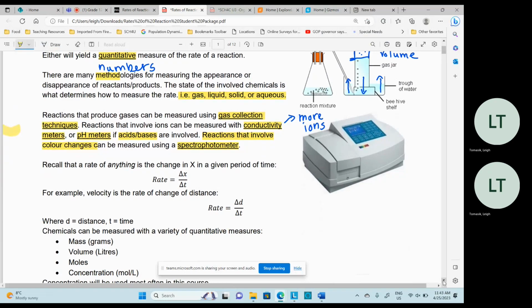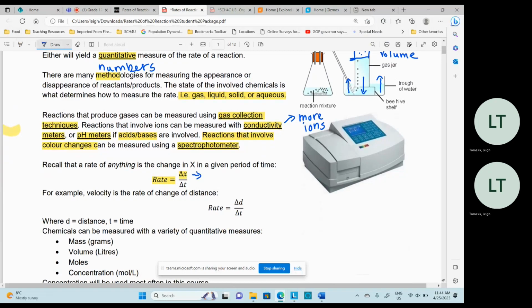So how do we measure rate? Recall that a rate of something is anything that changes over a period of time. When we talk about the rate, you see this delta again. Remember, delta means change in.